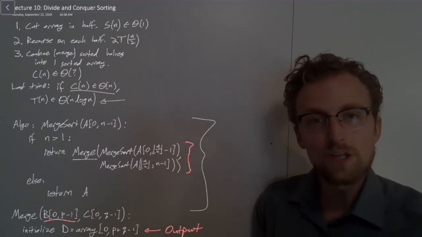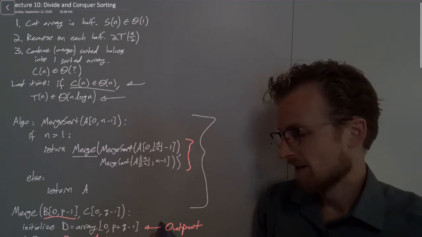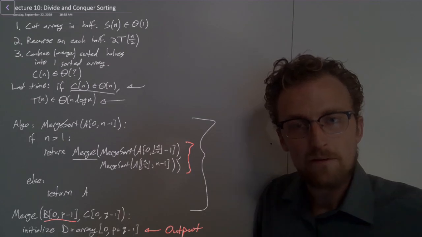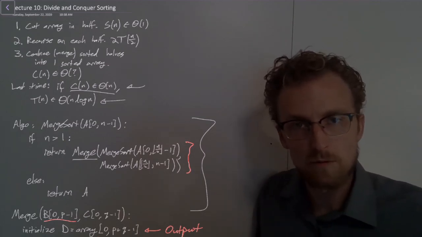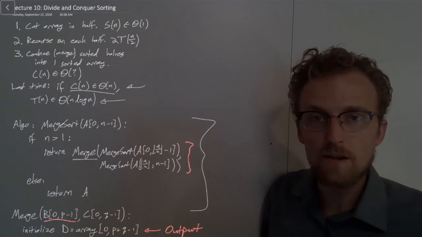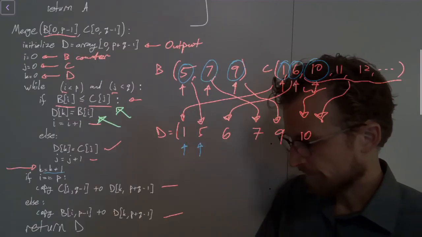Well, we just showed that the merge function is linear time. So there we go. We're done. All of this, combined with the analysis we did last time on the hypothetical merge sort, suffices to show that merge sort is an n log n time algorithm.